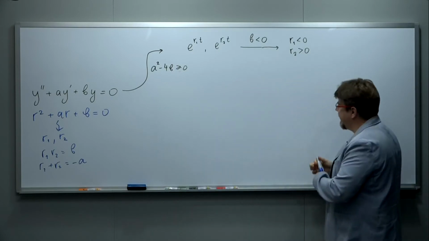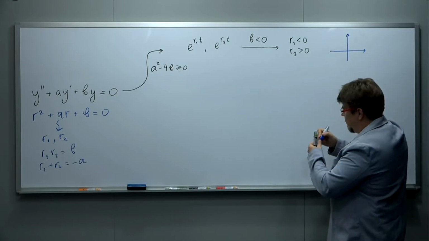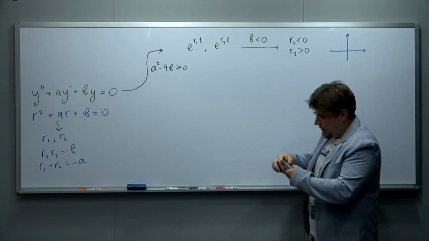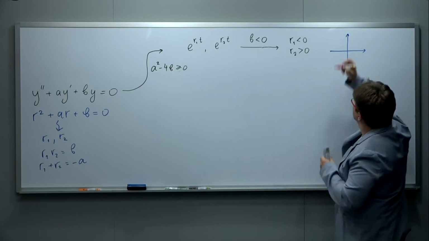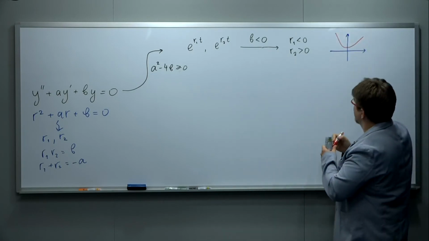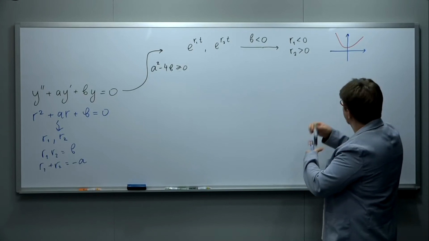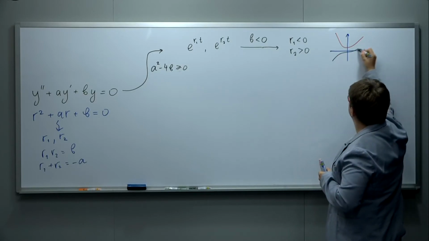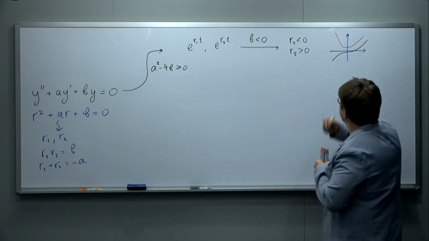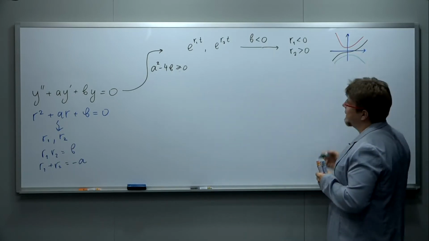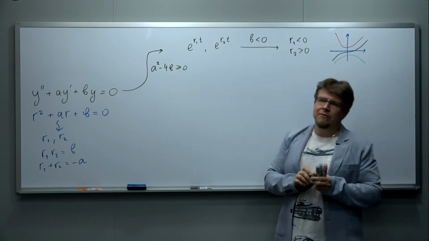So in this case, we could have solutions that approach infinity on both sides, solutions that approach minus infinity on the left and plus infinity on the right, and solutions that approach negative infinity on both sides, and so on. But it's always plus or minus infinity.